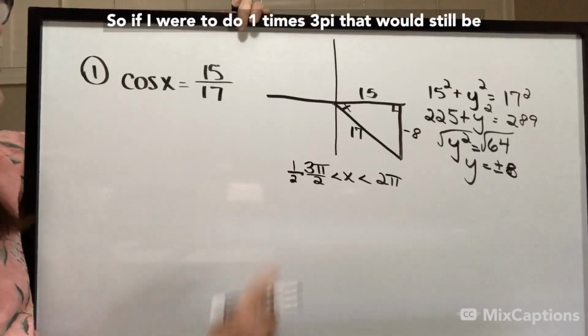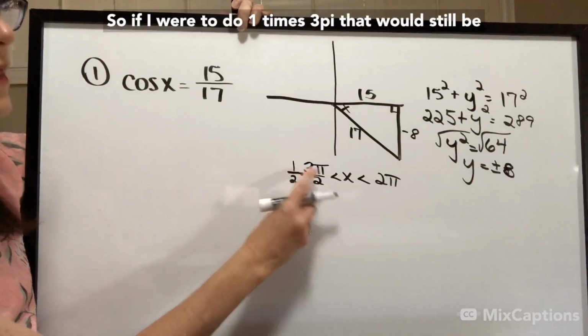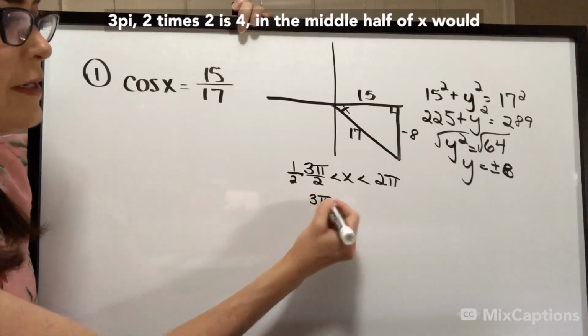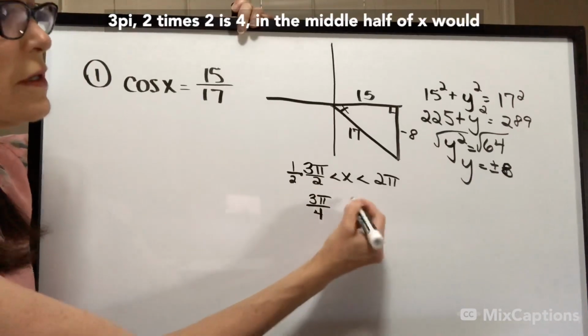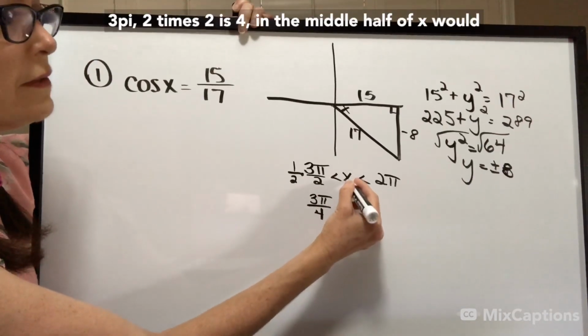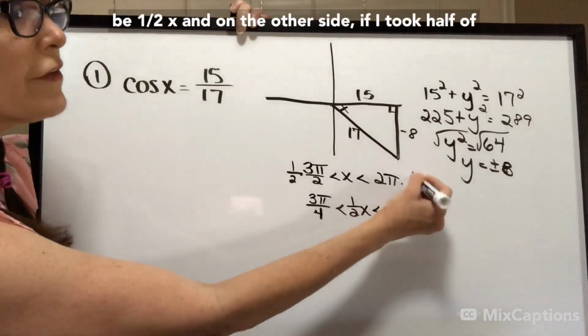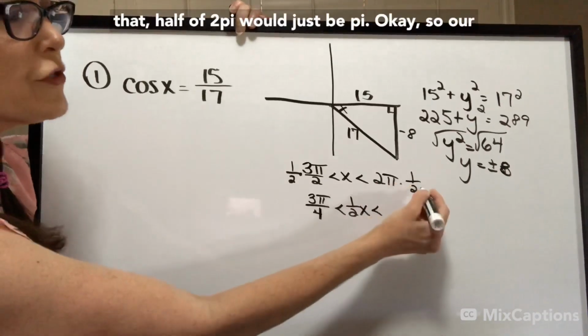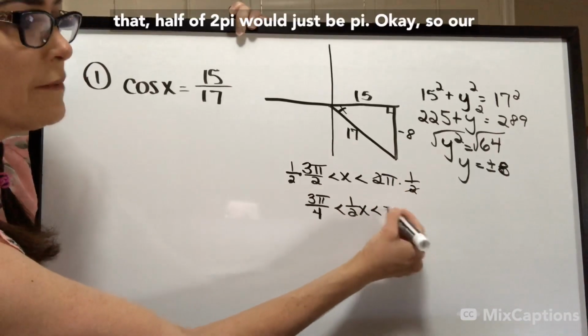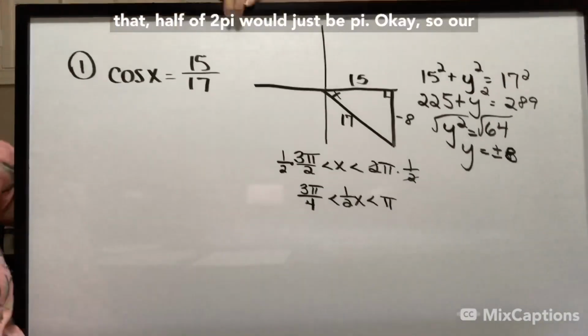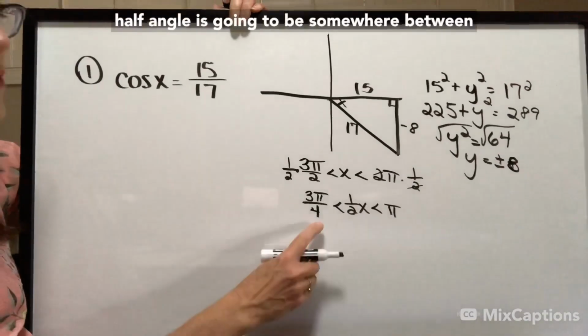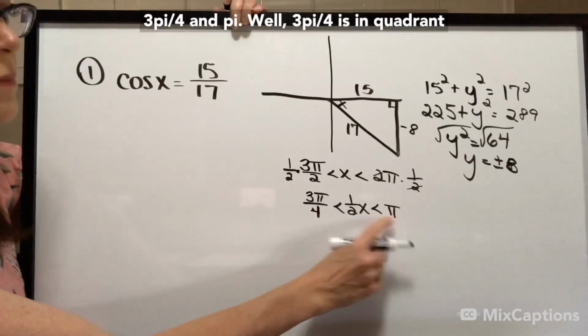So 1 times 3 pi would still be 3 pi, and 2 times 2 is 4. In the middle, half of x would be 1/2 x. On the other side, half of 2 pi would just be pi. So our half angle is going to be somewhere between 3 pi over 4 and pi.